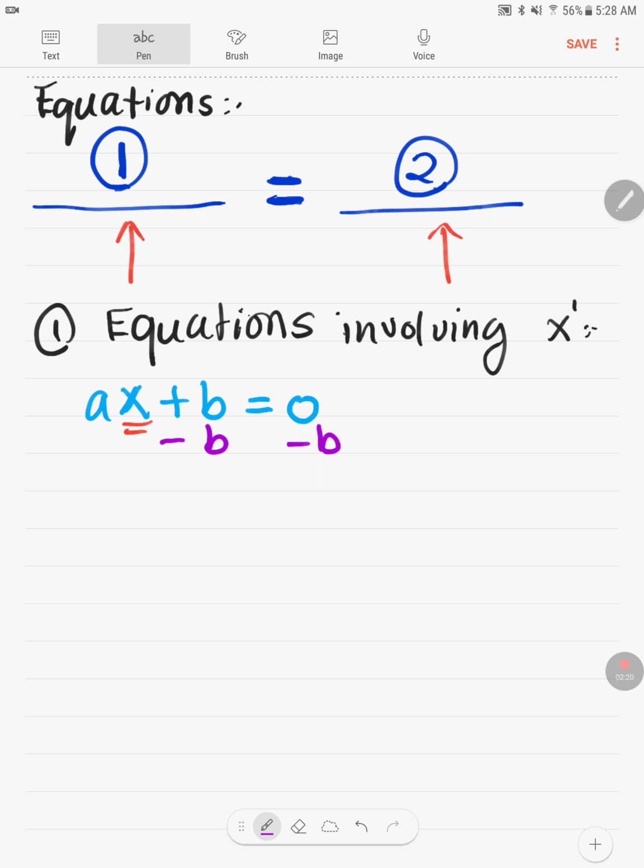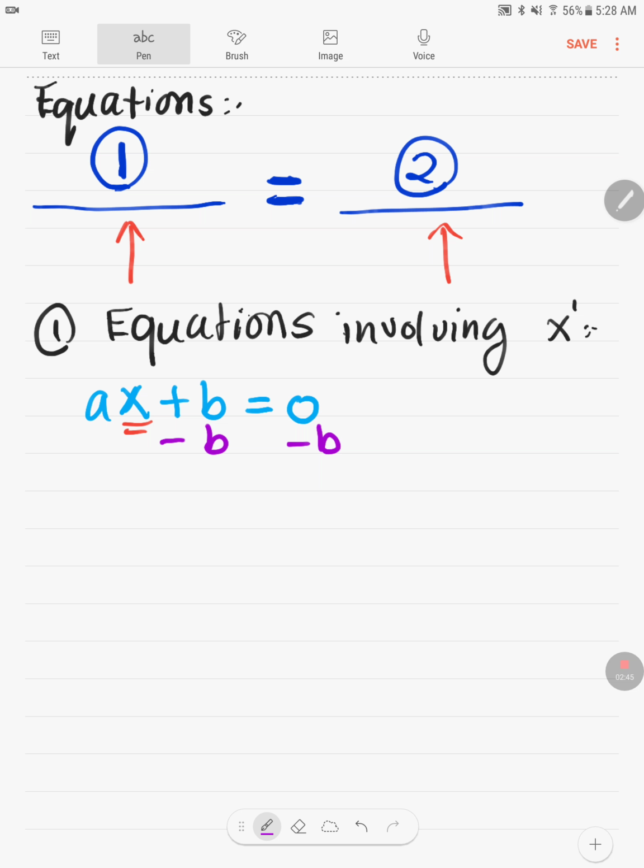The main procedure in solving any equation is applying equal operations to both sides. So when we subtract b from this side, we have to subtract b from this side, because supposedly this is quantity 2, this is quantity 1. So this side is equal to this side.